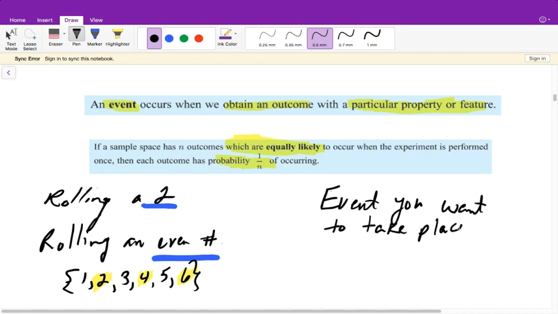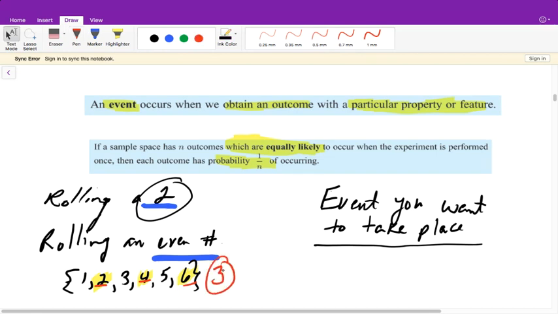And just like I talked about here, that can be one number, rolling a 2, or it could be multiple numbers. In this case, we would have 3 different events that can occur that give us an even number. So sometimes it's just going to be a single number. Sometimes there'll be multiple events that can also satisfy our constraint. So whatever event we want to take place, rolling a 2, rolling an even number, that goes in our numerator.